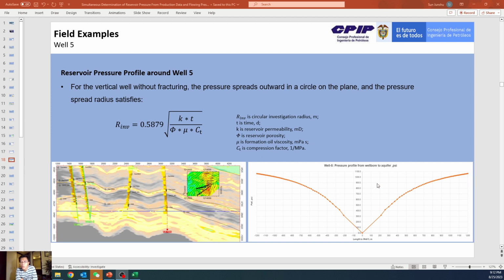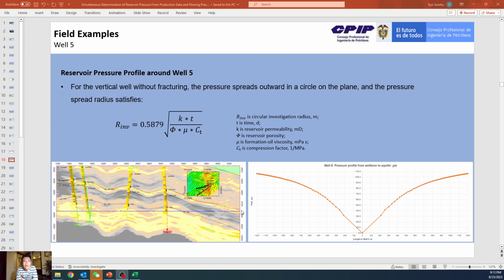This is the delta pressure between the wellbore and the aquifer. Using the pressure build-up time, we can get this pressure profile of well 5.